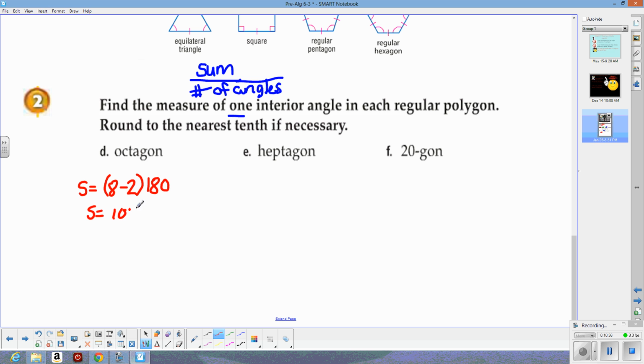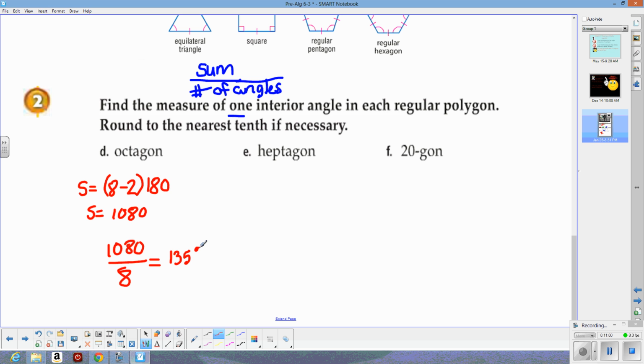So once we know the sum, now we can take that 1080 and divide it by 8, since there's 8 angles that are the same size. So 1080 divided by 8 is 135 degrees. So one angle in a regular octagon is going to have a measure of 135 degrees.